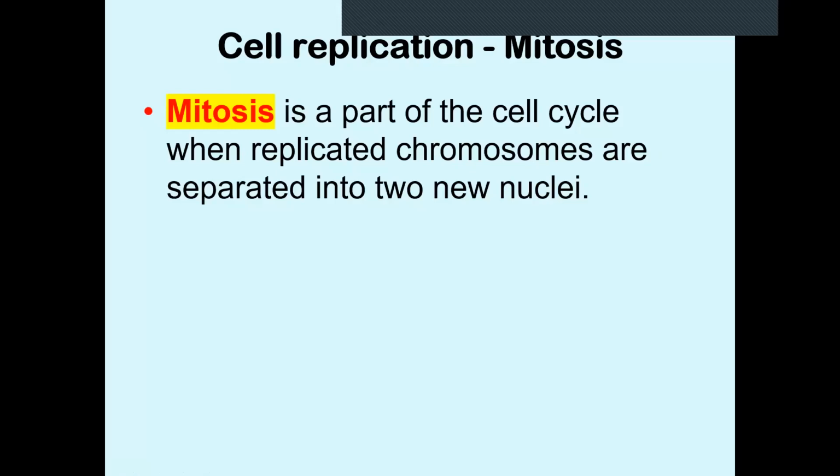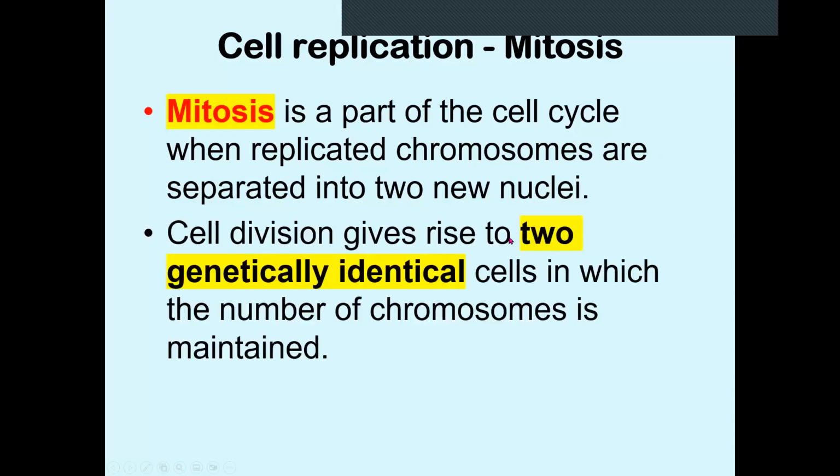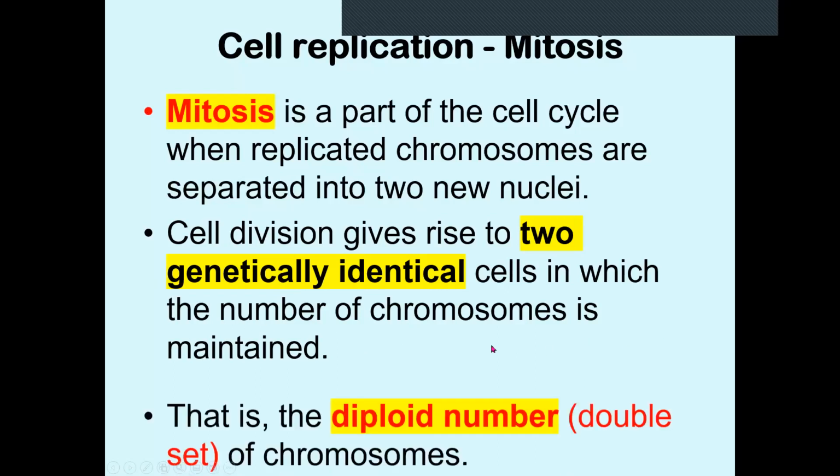So when you need a new skin cell, for example, the skin will produce 2 new cells, and they're absolutely identical. So you have 2 new nuclei in 2 new cells, and this type of cell division gives you 2 genetically identical cells, and the number of chromosomes is the same.